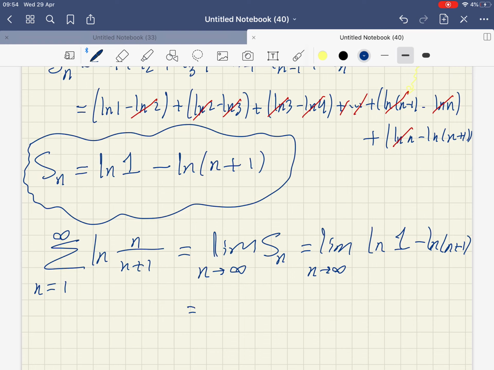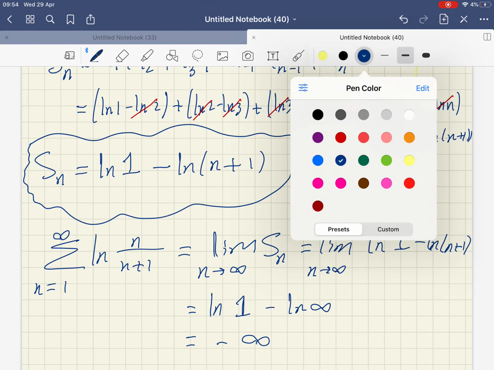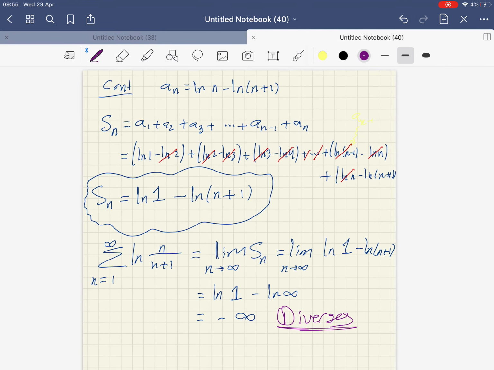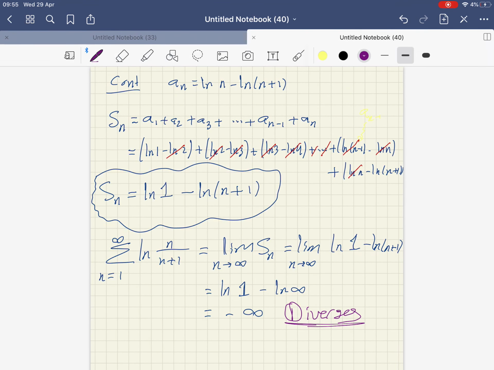Direct substitution gives ln 1 minus ln infinity, and ln infinity is infinity, so the answer will be negative infinity, and this diverges. That's how we deal with the telescoping series. Please, if you have any questions, let us know, and we will be happy to answer them.